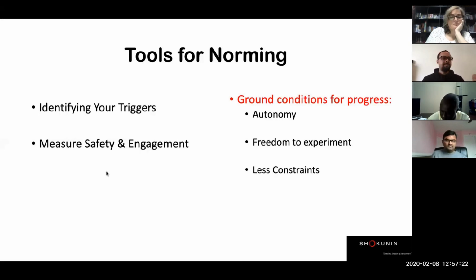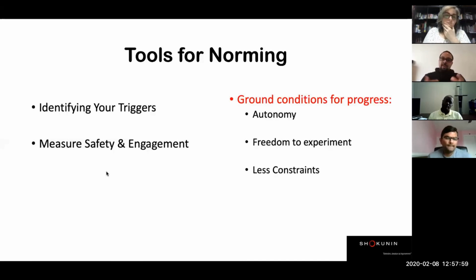I don't know if they're still doing it, but I think Netflix does this relentlessly. I know Google does this relentlessly, and I work in a lot of government organizations. They do this a lot as well with their employees, and then it becomes, okay, now that we know what our scores are, what are we going to do about it? For me, that's the most important part. All right, we're at a 6 out of 10 as far as safety and engagement. What do we want to do about it?